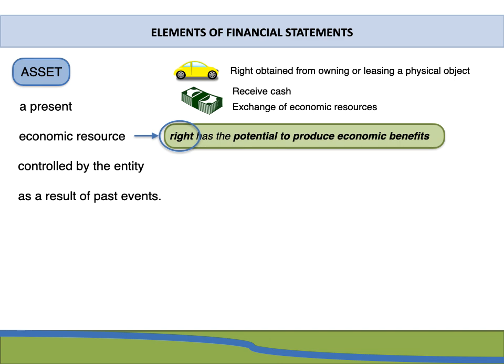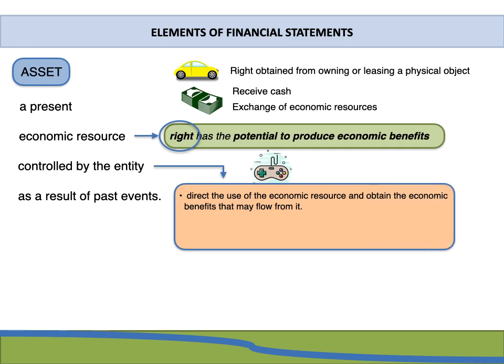Then when it comes to the entity having control, again, there are a couple of scenarios that illustrate that an entity has control. But if we have a look at a few examples, the one would be the direct use of economic resources and where the entity obtains economic benefits that may flow from it.